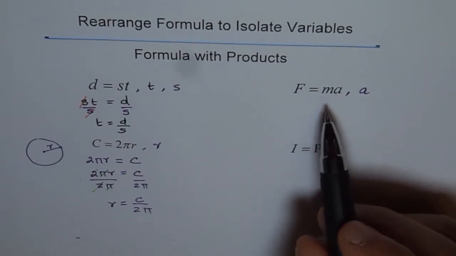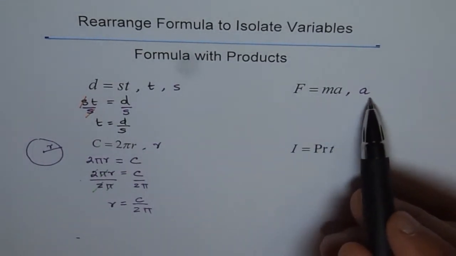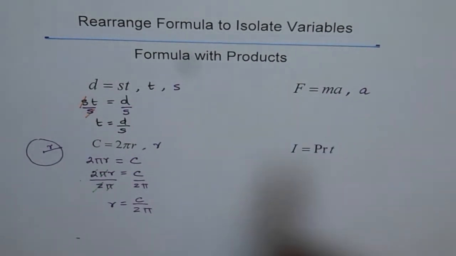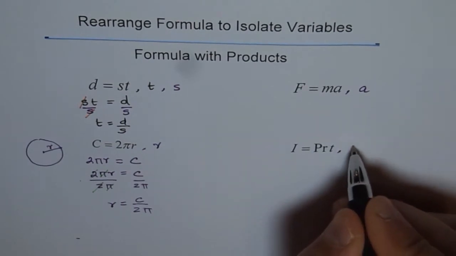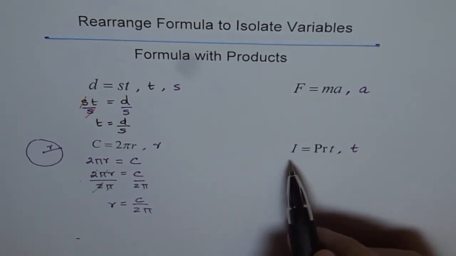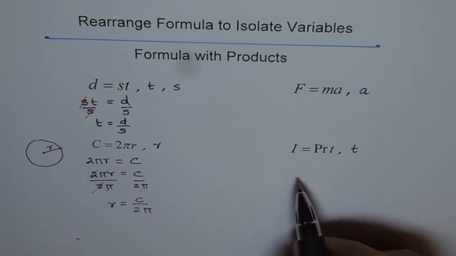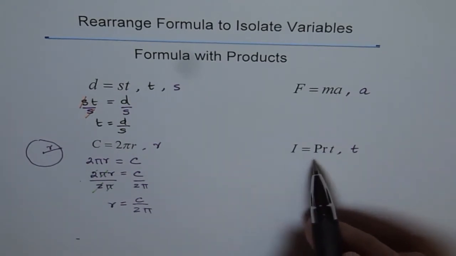Now here are two other formulas, F equals ma. You can find what a is by dividing both sides by m. How about this? You can isolate T from here. This is interest equals principal into rate into time. Now normally you can find interest if you know how much money has been invested.